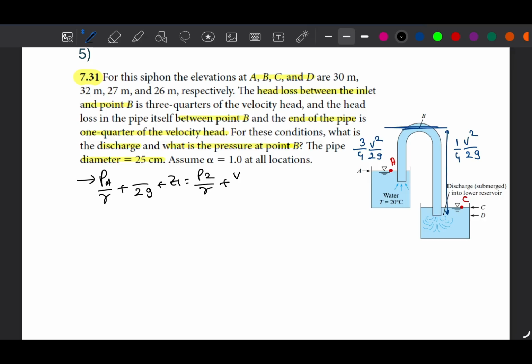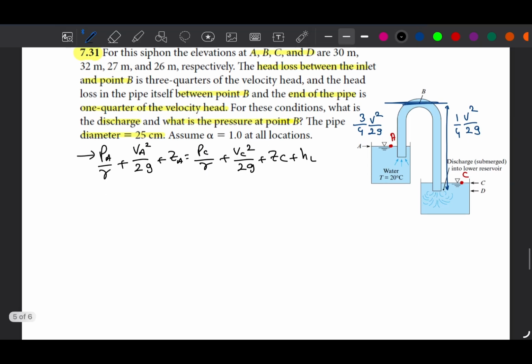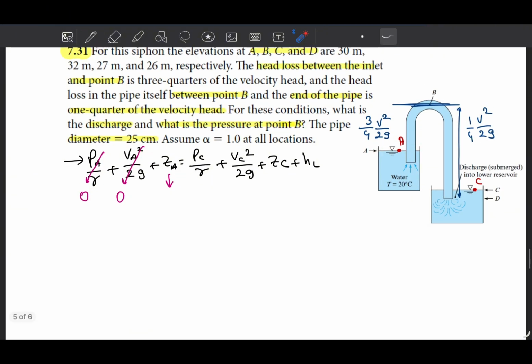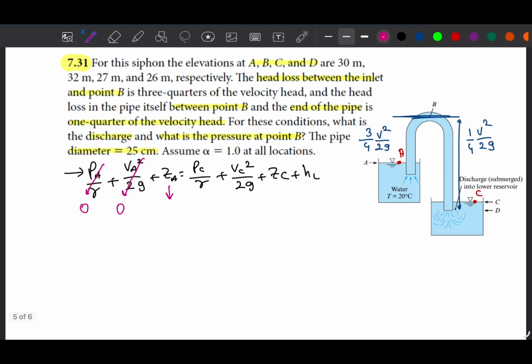Let me use A and C. And the head loss. So we have zero pressure at A, zero velocity again, and the elevation at A, which is here, is 30 meters.